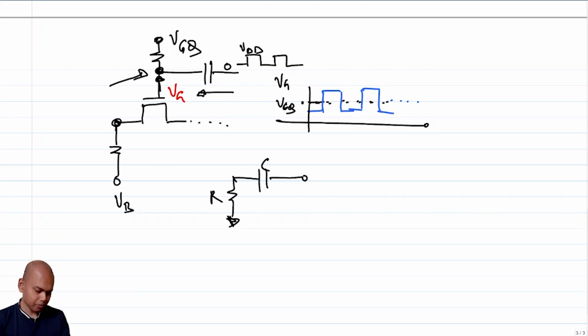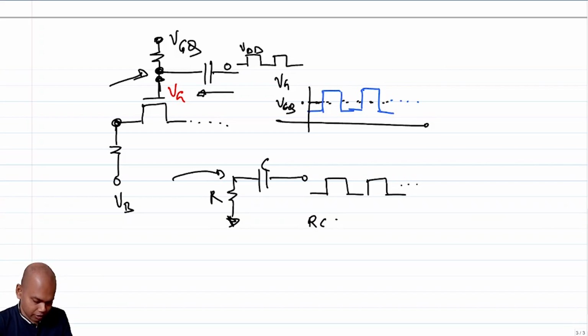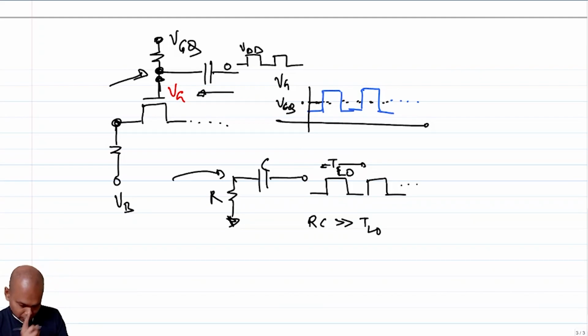In our case, it is VGQ, but for this explanation, assume this is grounded, and you have a square wave, 50% duty cycle, right? So what will be the waveform here? Under the condition that your RC is much greater than this TLO. RC is much greater than TLO, right?